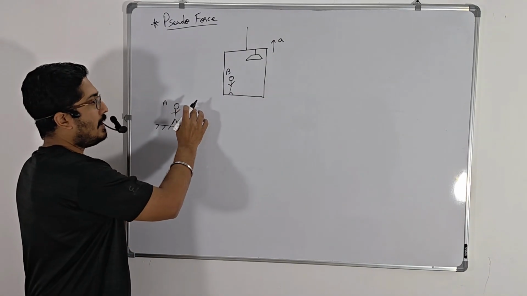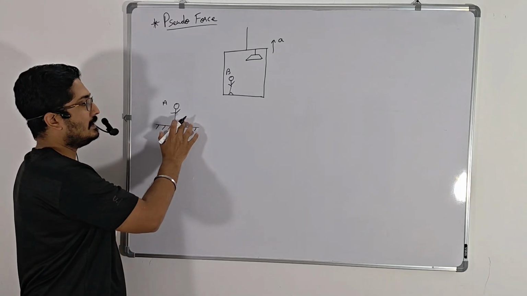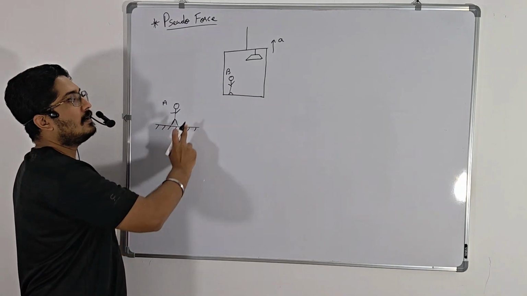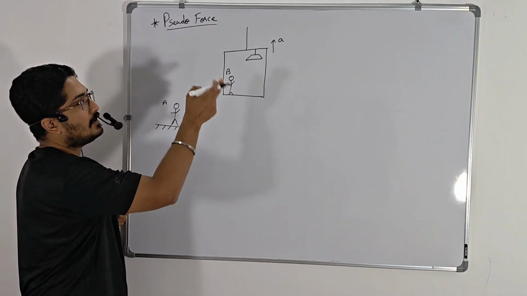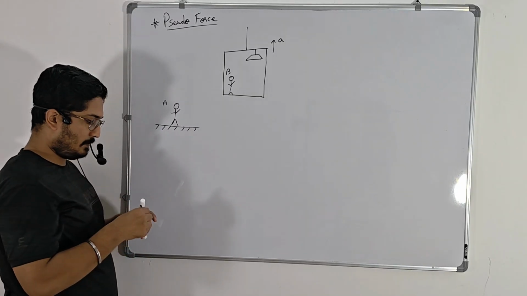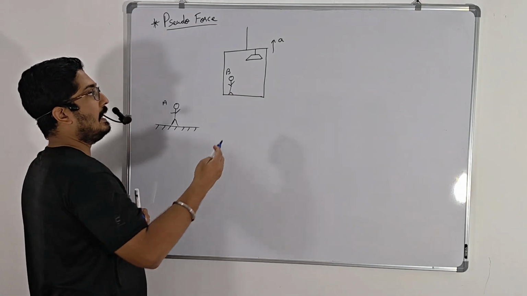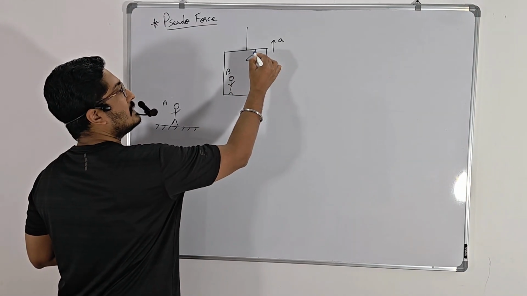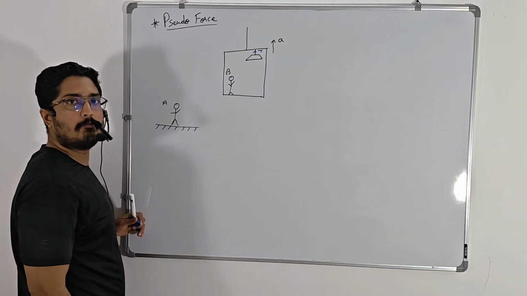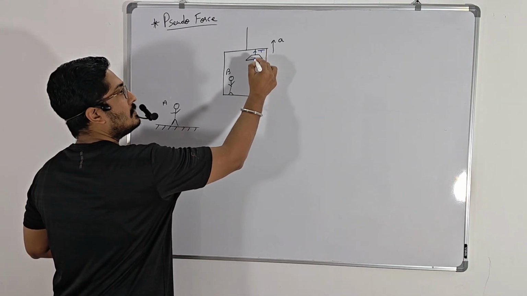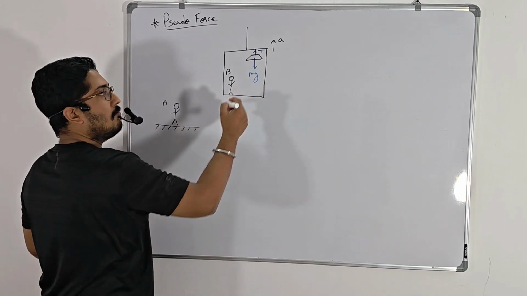If you ask observer A, he would say that the lamp is inside the lift and the lift is moving with acceleration. So observer A would say that the lamp is experiencing a tension force in the upward direction, and also mg downward.